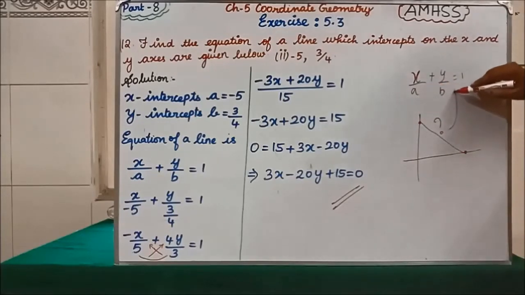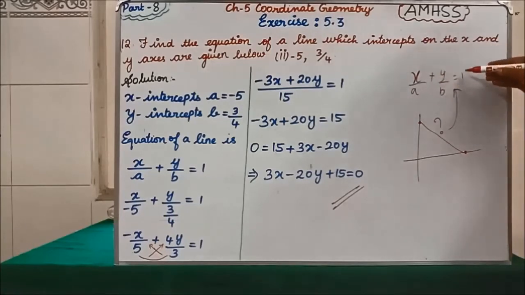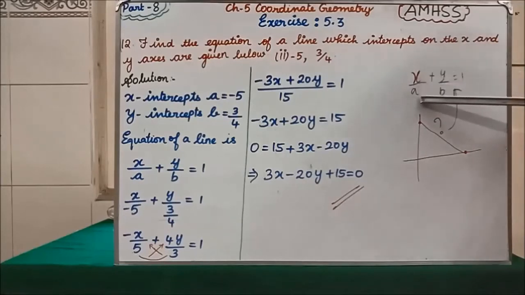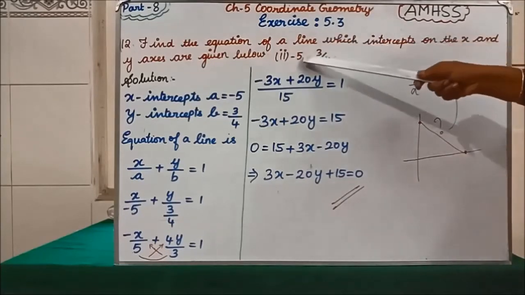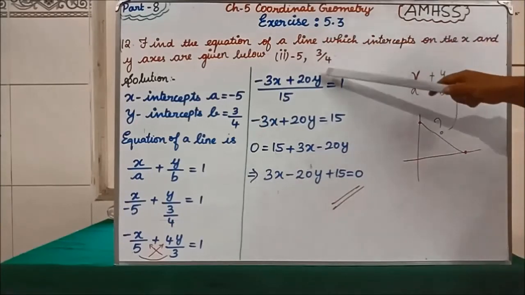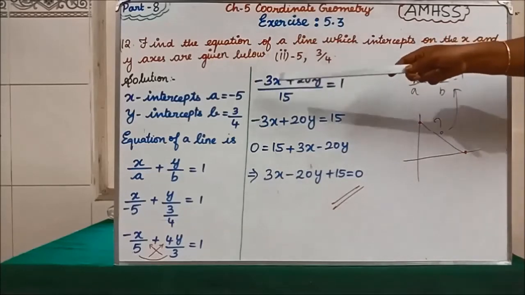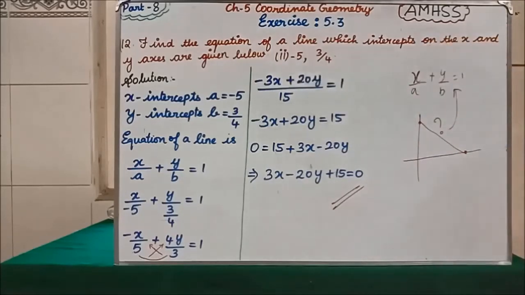For this we have the formula x by a plus y by b equals 1. The x intercept means the given point. This minus 5 you have to consider as a, because for x we have a. The y intercept means b. This value you take as b. That only I have written. The x intercept a equals minus 5. The y intercept b equals 3 by 4.